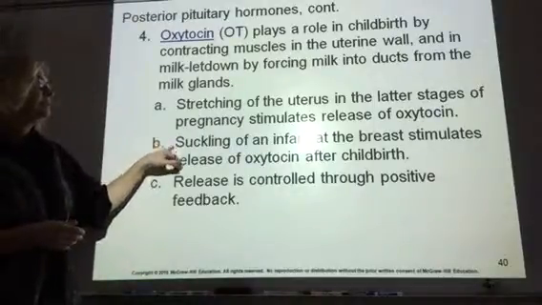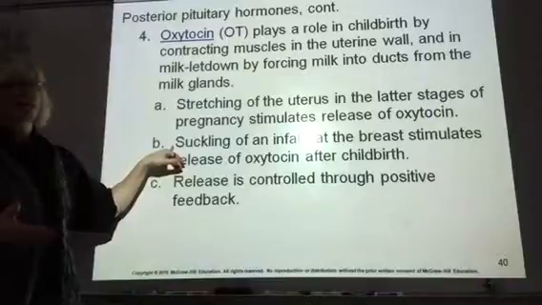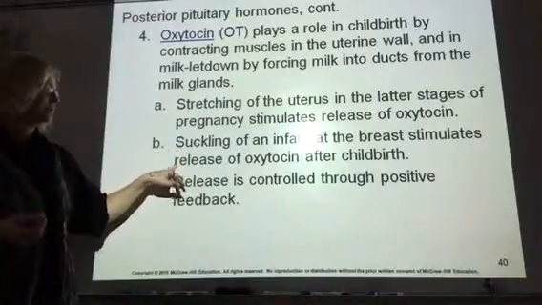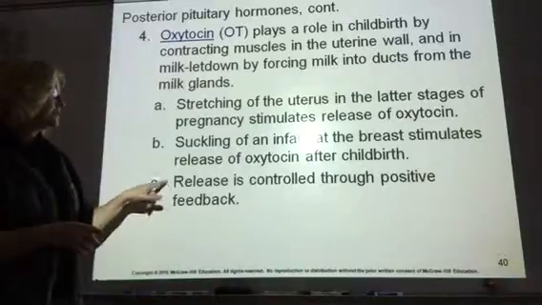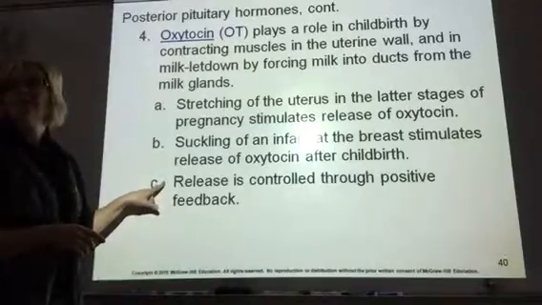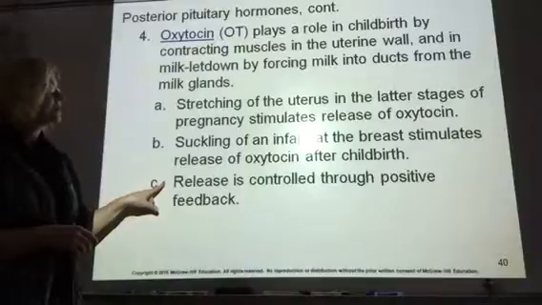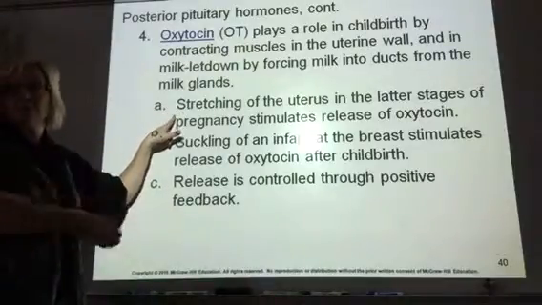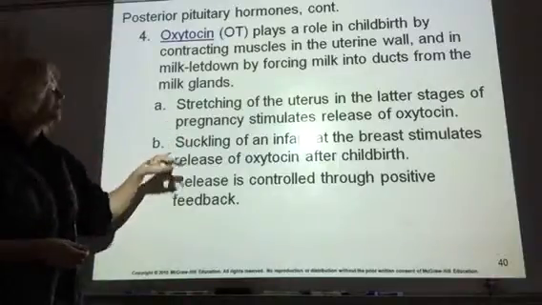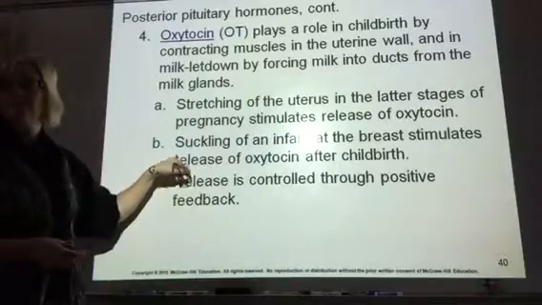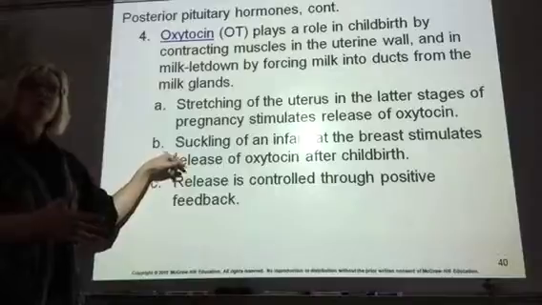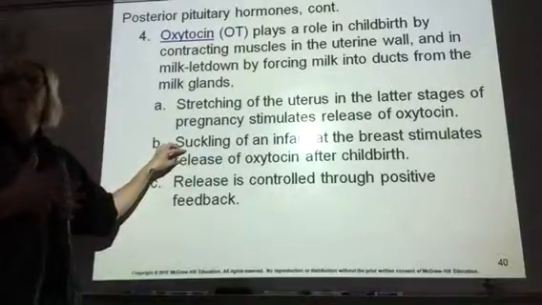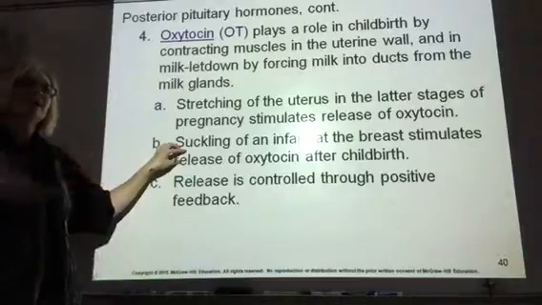And when an infant starts to suck on the breast, that's going to stimulate a release of oxytocin. And this is the only one that is positive feedback. So when you go into labor, once this starts, your body produces more oxytocin. Once you produce breast milk, your body produces more. And the only way this will stop is when basically you force your body to stop feeding.